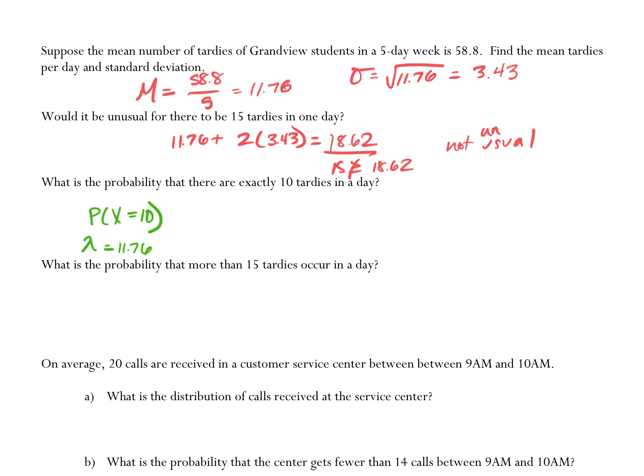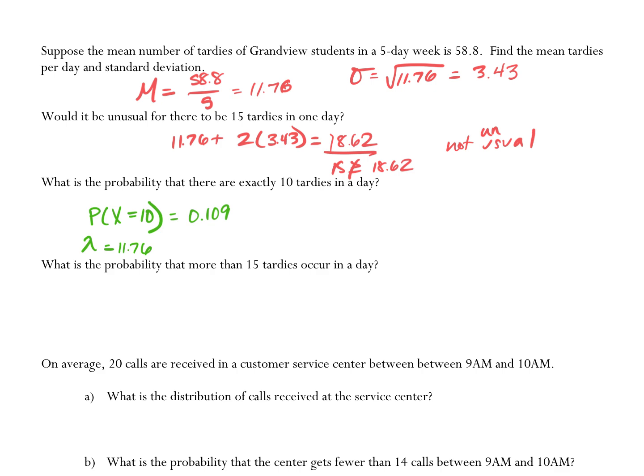And so, for lambda, you're going to put that 11.76. For your x value, you'll hit paste. You guys, I got 0.109. Everybody good?